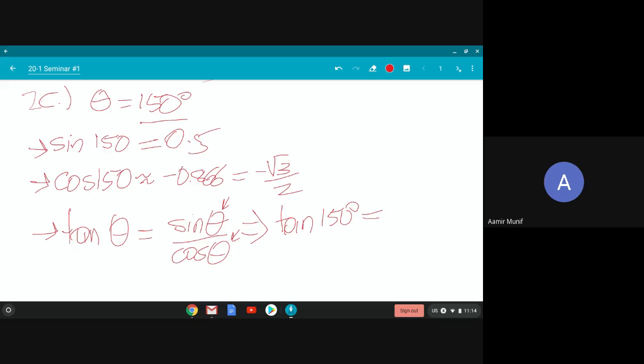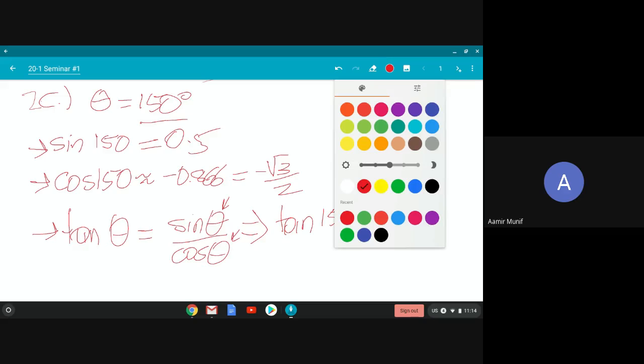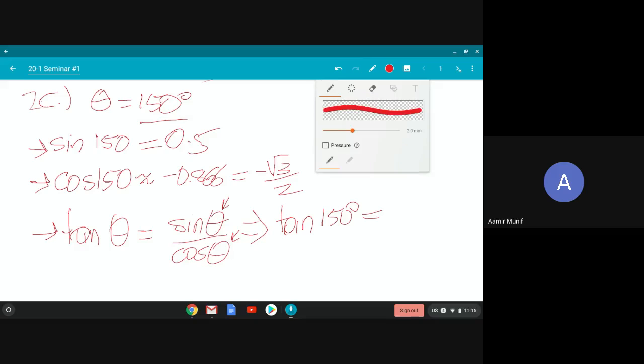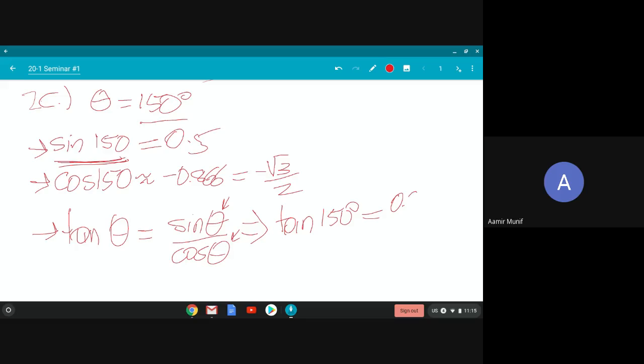So sine of 150 is here, right? So it will just be 0.5 over minus square root of 3 over 2, okay?